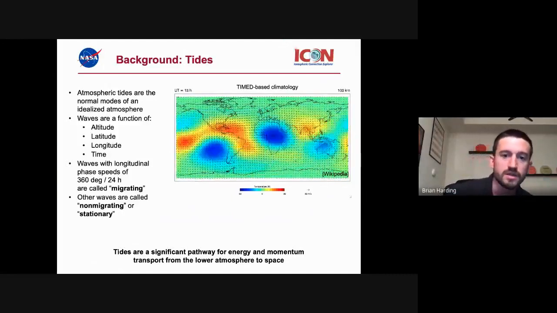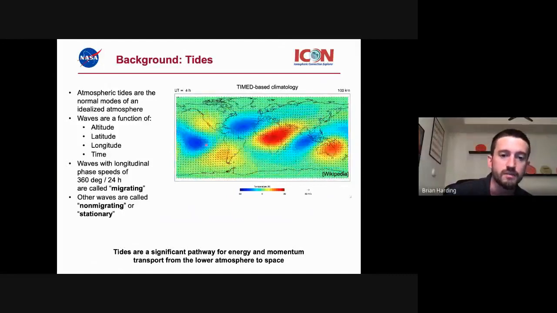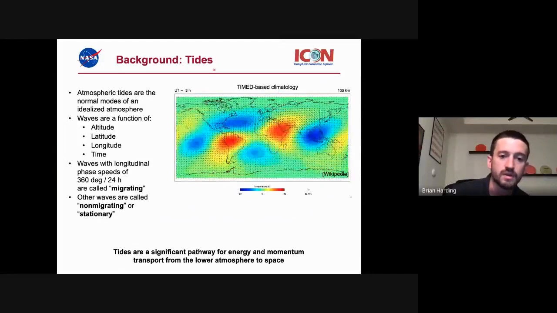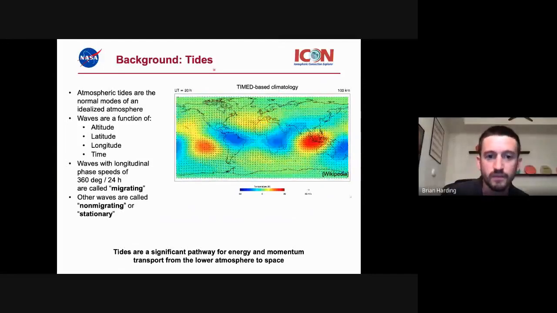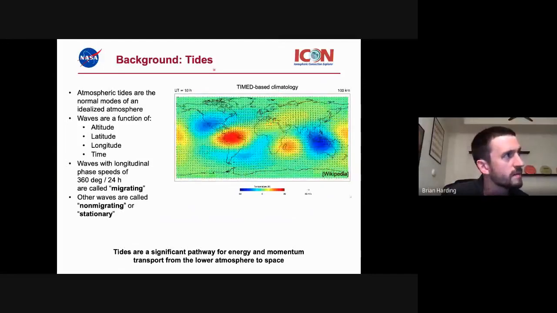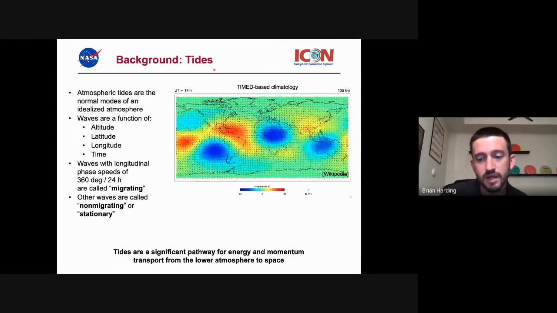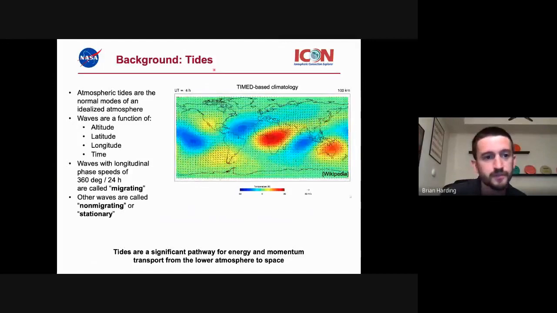What's shown here is a monthly climatology of the average tides observed during, I think, the month of October, by TIMED. This is based on TIDI winds and SABER temperatures.